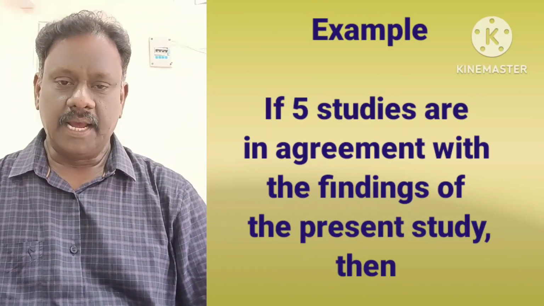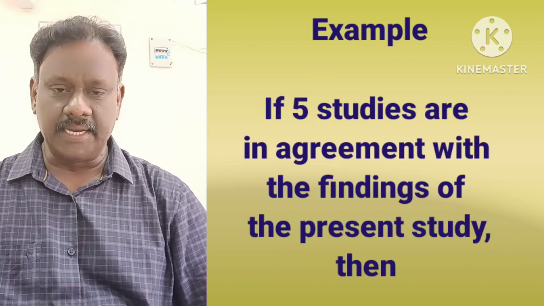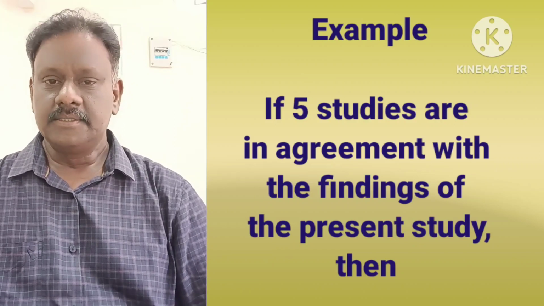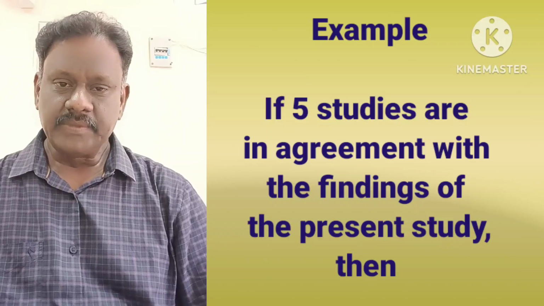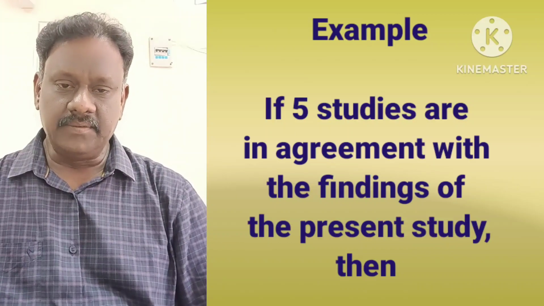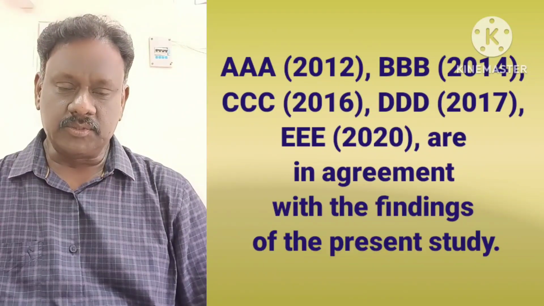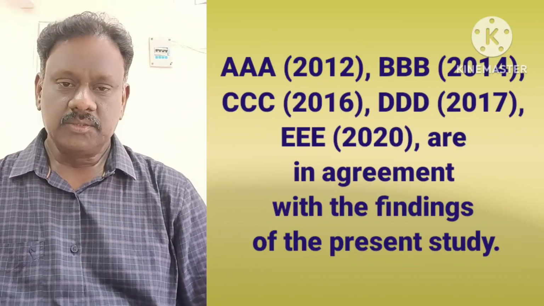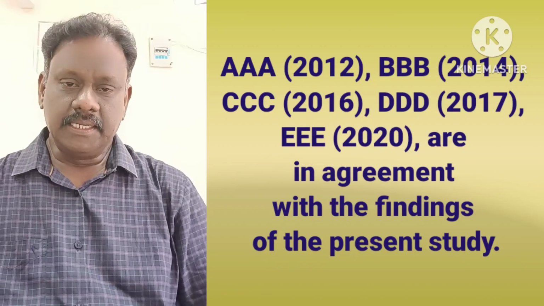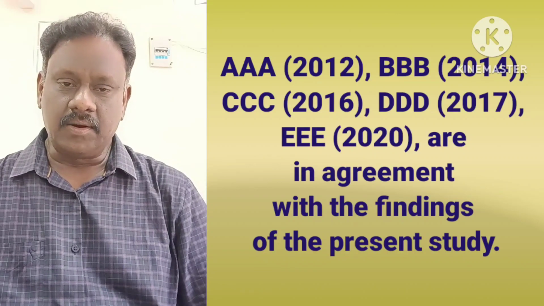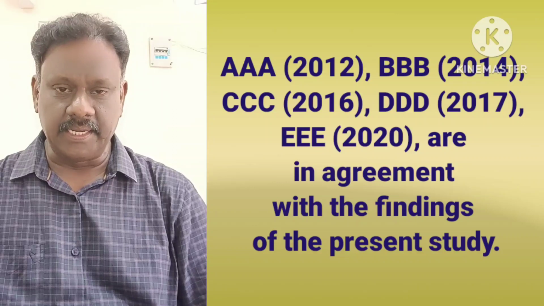For example, I have found out 5 studies are in agreement with my findings. Then I will write the author name within brackets and the year in which it was taken up: so and so 2006, so and so 2007, so and so 2008, and nearly 5 studies are in agreement with my finding.